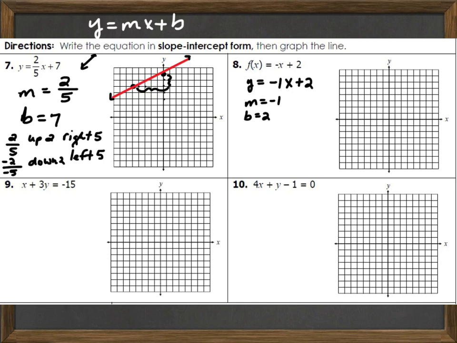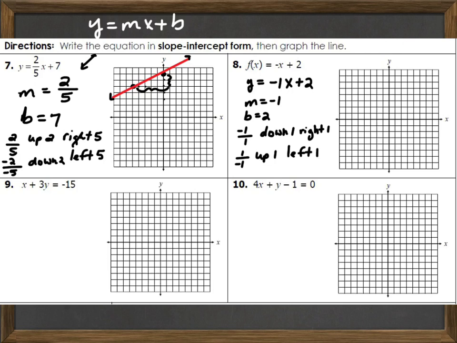That's either -1 over 1, which would be down 1 and right 1, negative in one direction, or it's 1 over -1, which would be up 1 and left 1. Okay?